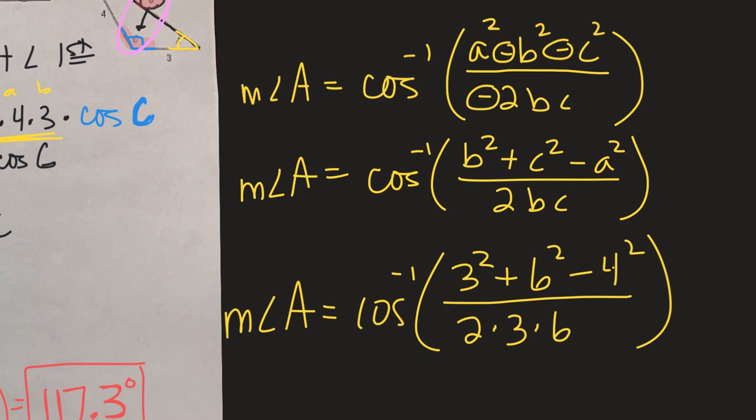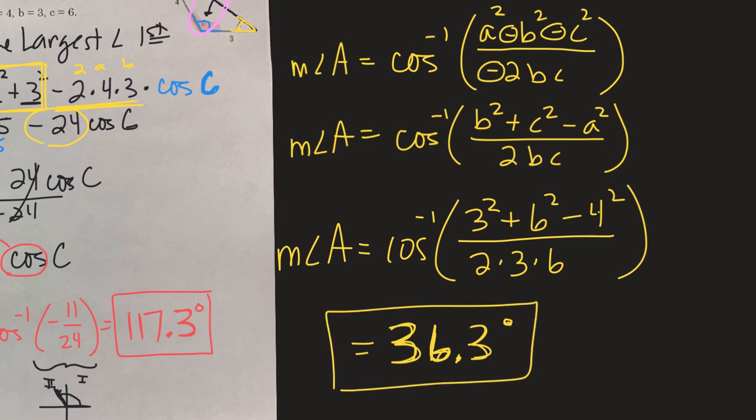Inverse cosine of, I have an Inspire, so I hit Control Divide to make a fraction, 3 squared plus 6 squared minus 4 squared divided by 2 times 3 times 6. And when I do that, I get a measure of angle A of 36.336. Let's just go with 36.3 degrees, just to practice using our law of cosines to find an angle.